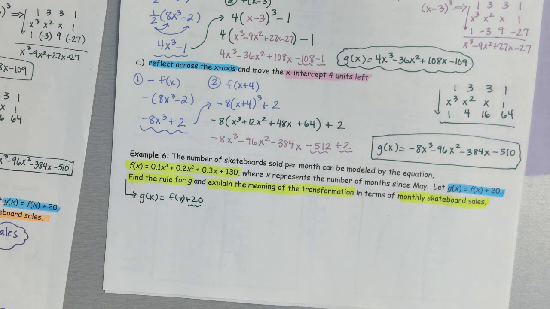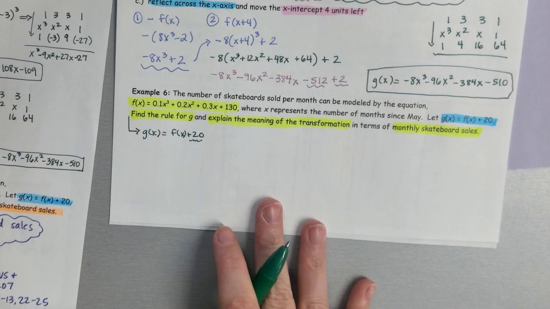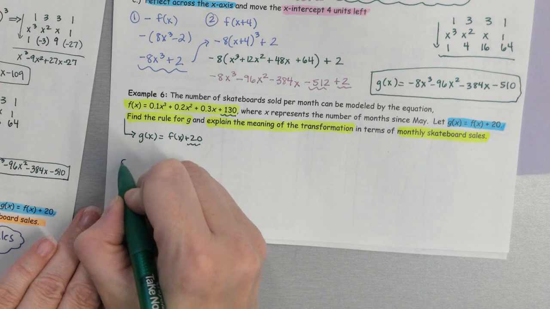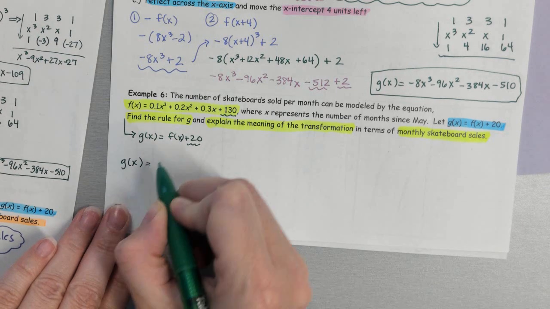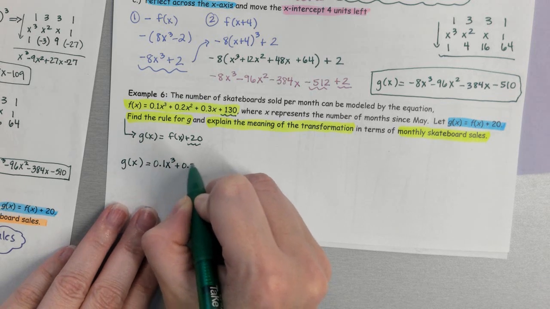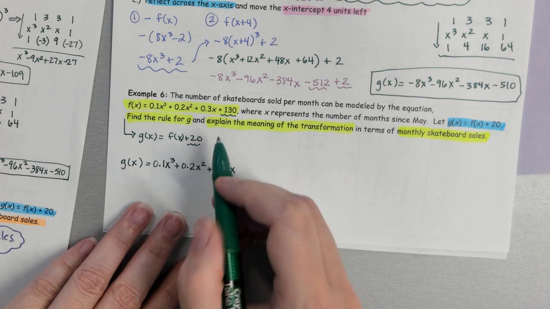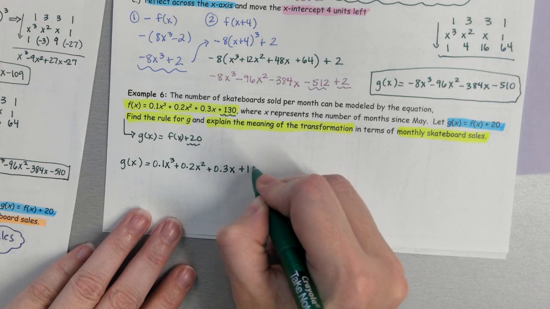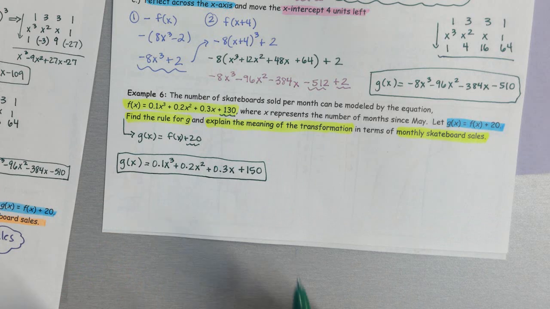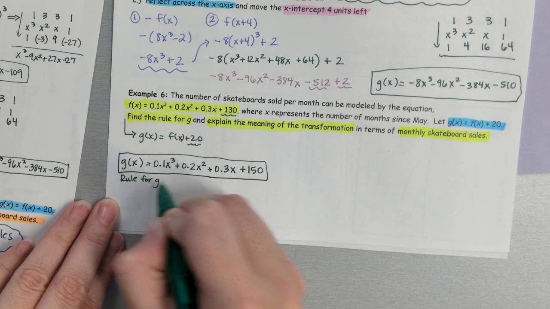You're going to end up adding that to the like term. What's the like term in f of x? Yeah, the 130. Okay, so that means your g of x, your rule, is going to be 0.1x cubed plus 0.2x squared plus 0.3x, and then 130 plus 20 is going to be 150. Okay, so it said find the rule for g. So this is the rule for g.